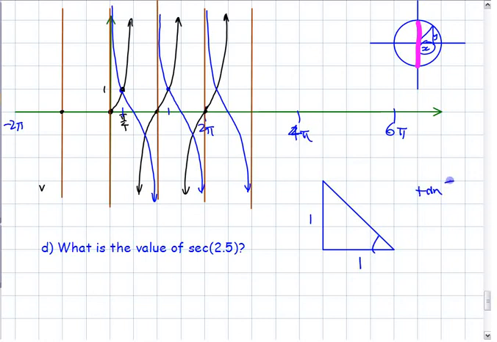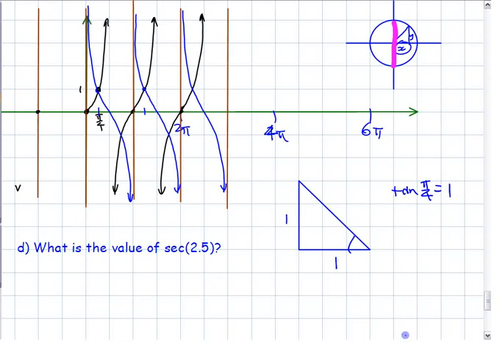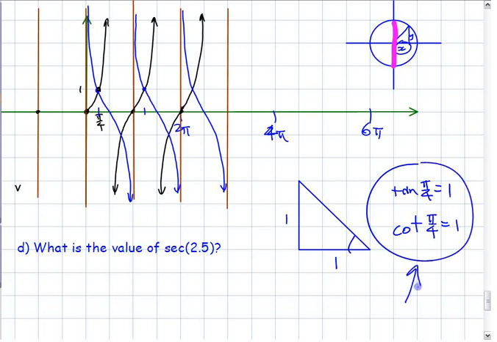Tangent of 45 degrees, pi over 4, is 1. 1 over 1, right? That's the same place where the cotangent of pi over 4 is 1. That's where they're the same, right? Pi over 4 is where they have the same tangent and cotangent. So anytime you have an angle related to pi over 4 here, that's where they're going to intersect. Because if tangent was 2, cotangent is a half, right?